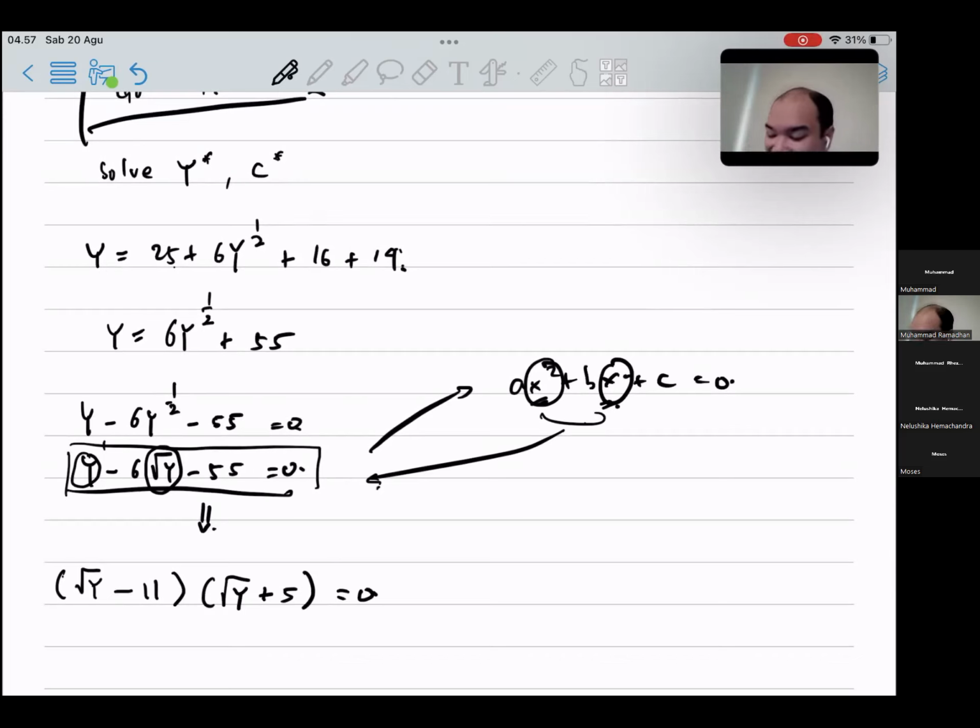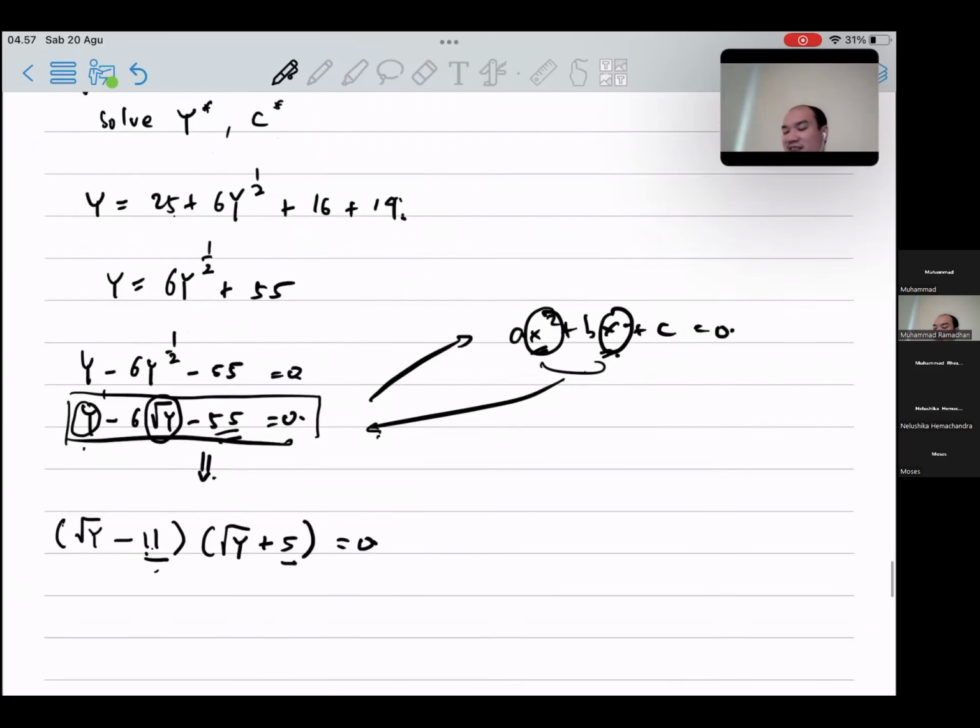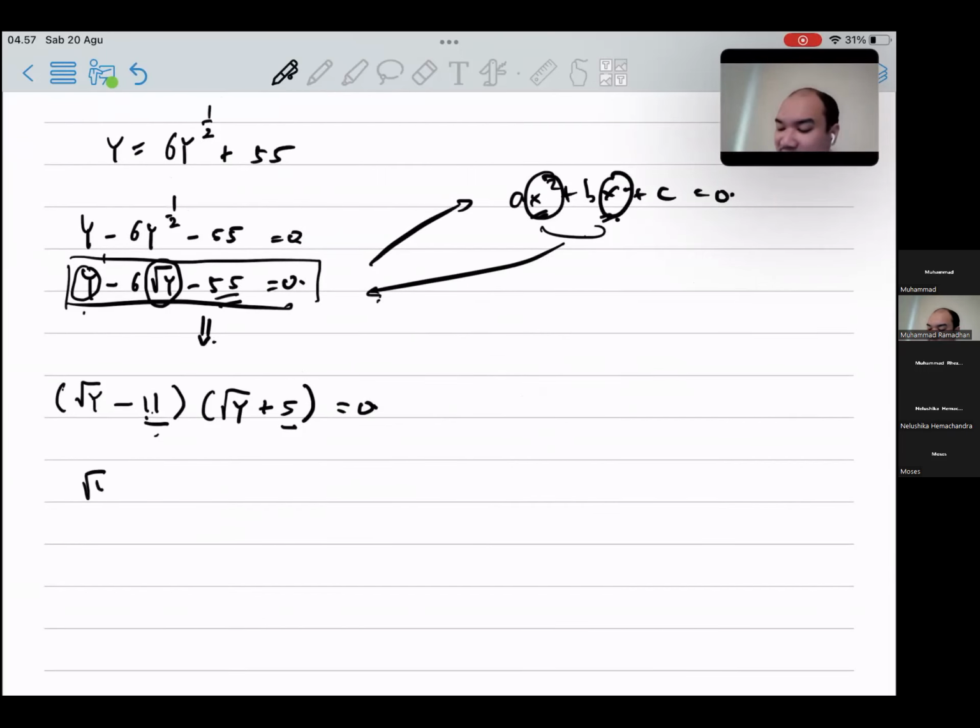Okay, it is okay because square root of y multiplied by square root of y equal to y, and then minus 11 multiplied by square root of y plus 5 square root of y is minus 6 square root of y, and then minus 11 multiplied by 5 is minus 55. So you have square root of y equal to 11 and y equal to 11 squared. So y is 121.